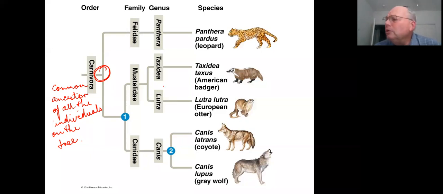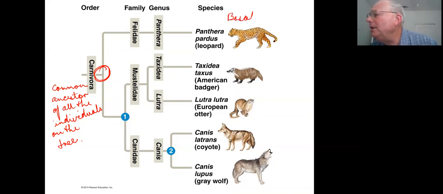So when we look at the location of the panther on this tree, the leopards, you'll notice that it comes directly from that branch point. So what we can also say is that of all the members of this group, the panther is the most basal. It is the one that first diverged from the common ancestor of this group.